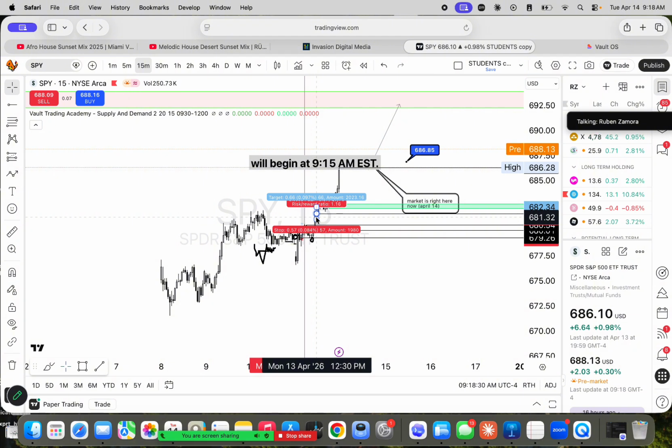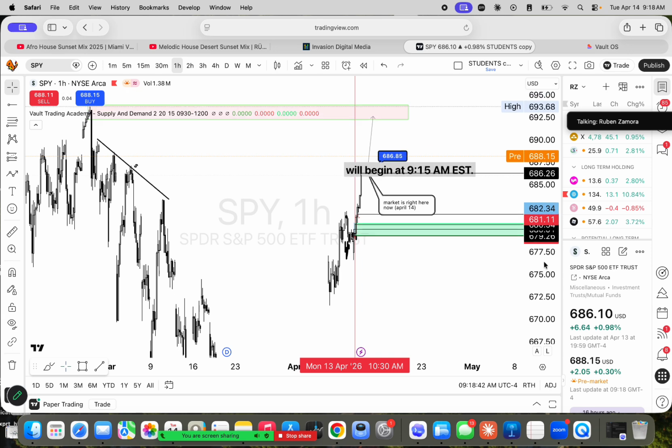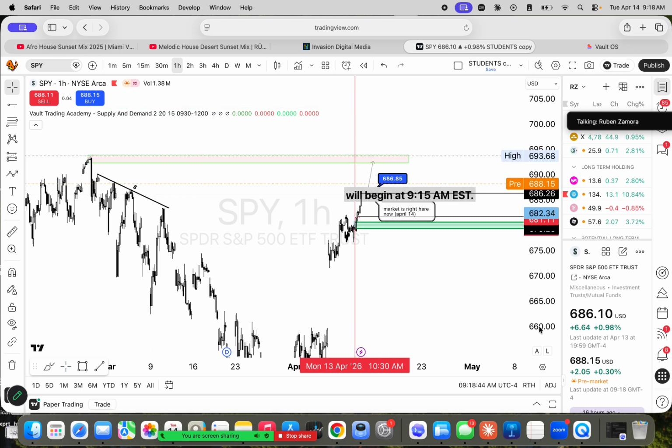So inside of Vault OS, we have alerted a chart where we found liquidity from a higher time frame. If I zoom out just a little bit, you can see on the top left hand side that there is a trend line here where there is a money sign, which is this area here.